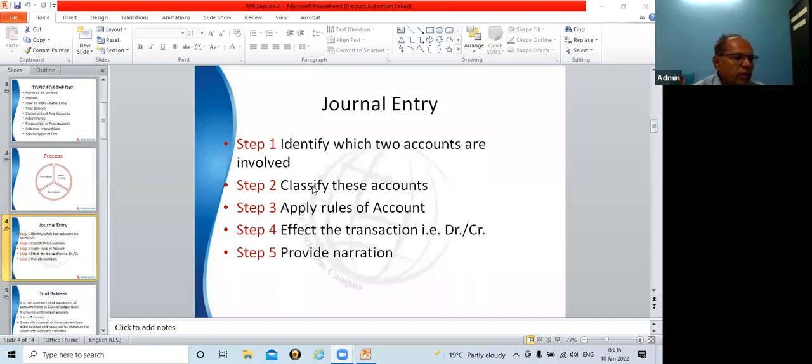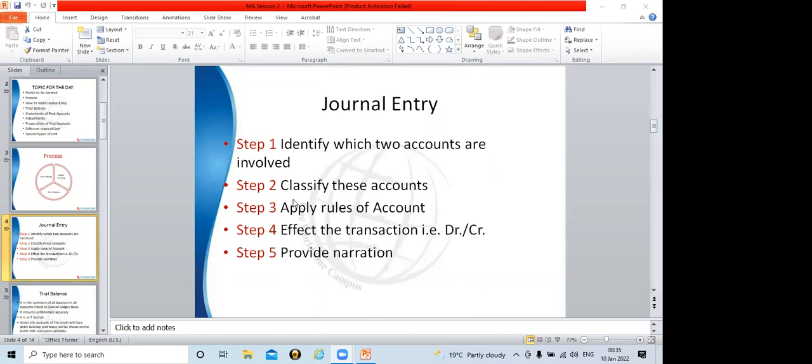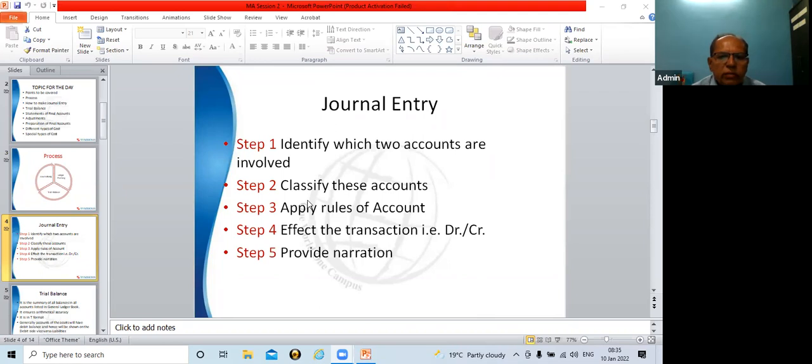Whenever we start a business, these 3-4 things are given to the business by the owner, and we know that owner and business should be treated separately. They are separate entities. We have learned that in accounting concepts, business entity. Now, from the business point of view, first identify which accounts are involved.